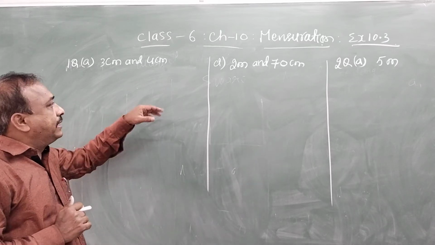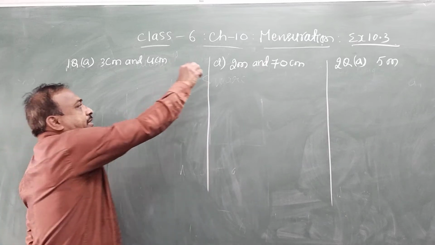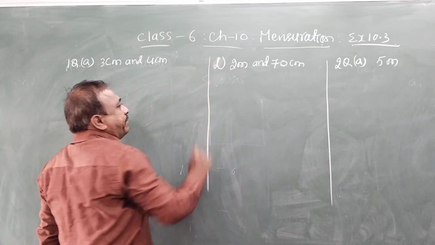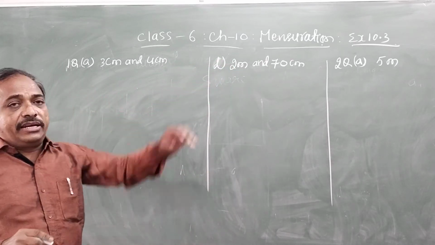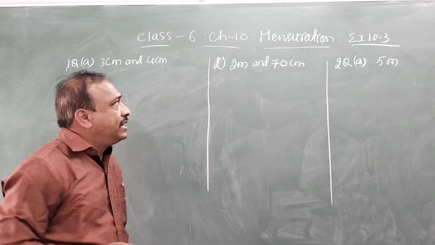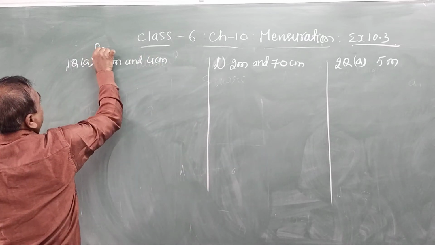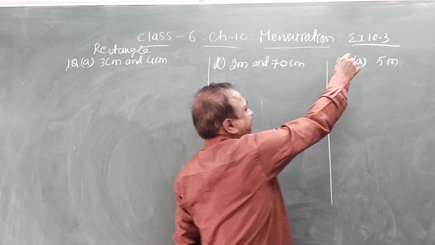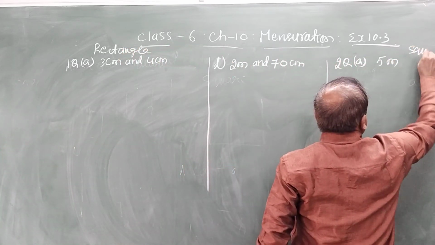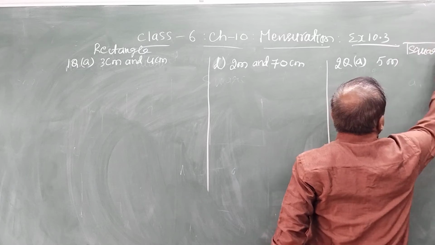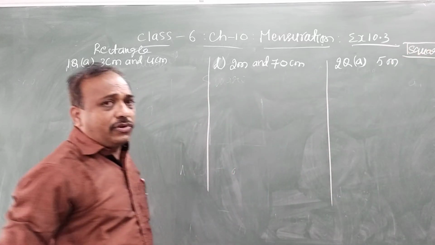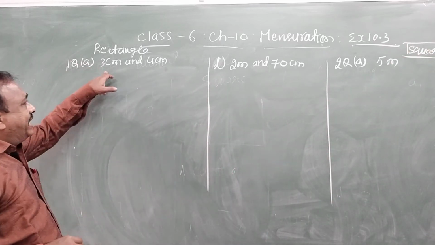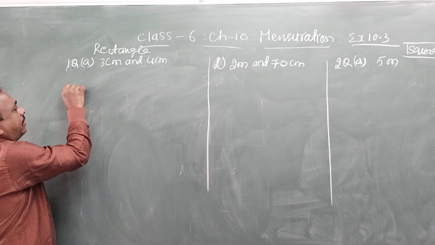Similarly, in the same question, this is D, and question number 2 I have written is about a square. This is a rectangle and this is a square. Question number 2, find area of the square. So question number 1, 3 cm and 4 cm.